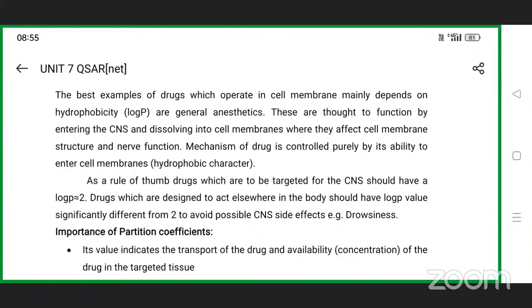We'll observe this kind of graph here because with anesthetic drugs or CNS depressants, for example when they are taking up some surgery, they will give the anesthetics.